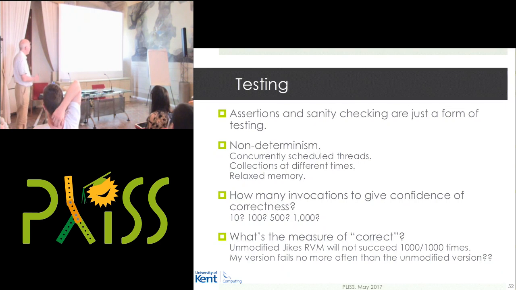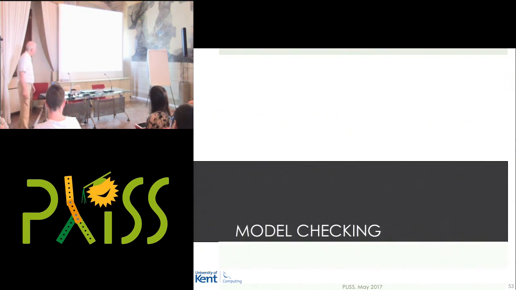There's lots of non-determinism in terms of how things run in Jikes RVM, and if I run them and they're correct, is it to say the system is correct?